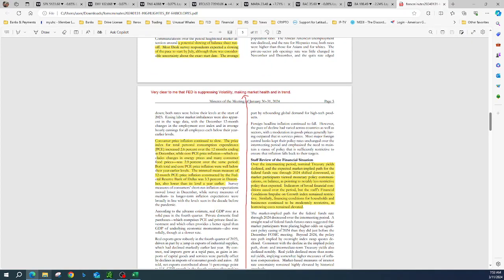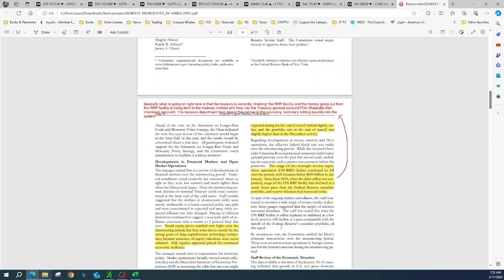Also the reverse repo that I explained: it starts when supply and demand are not in balance. Now it's going back to the Treasury Department through the actions we have been seeing, so we don't need a reverse repo.